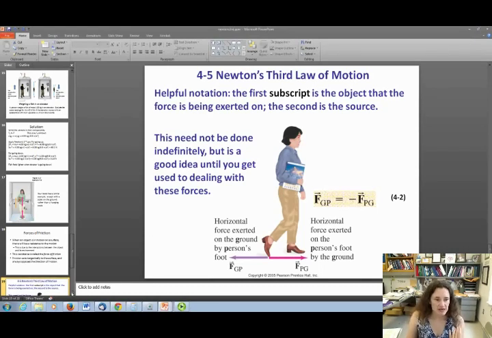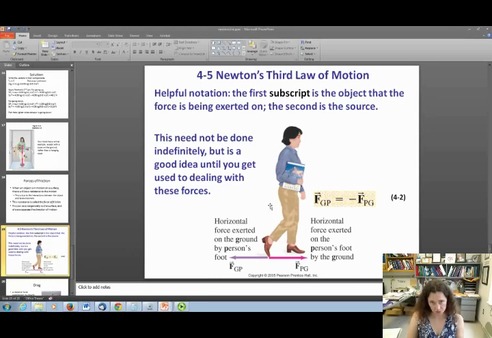One reason that I lump this in with the force of friction is because the force that the ground exerts on the person's foot is actually the force of friction between the person's foot and the ground. If, for example, it were an icy surface, then the force that the ground could exert on the person's foot would be a lot less.